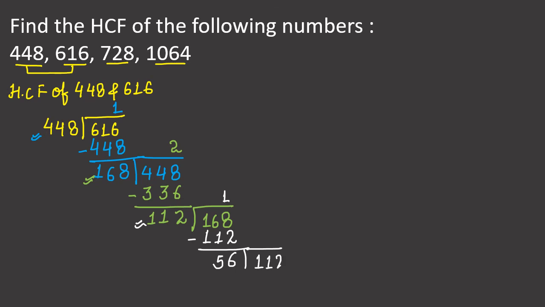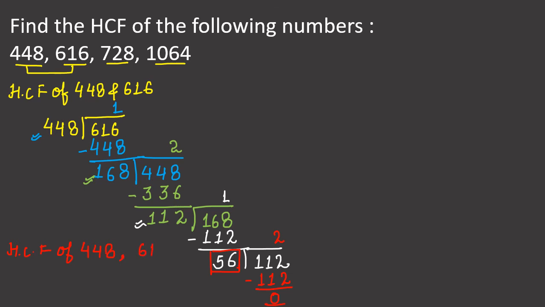So 56 twos are 112. Now the remainder is 0 and the last divisor is 56. So HCF of 448 and 616 is equals to 56.